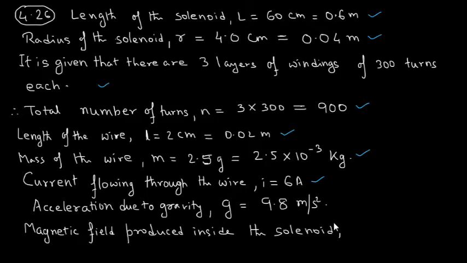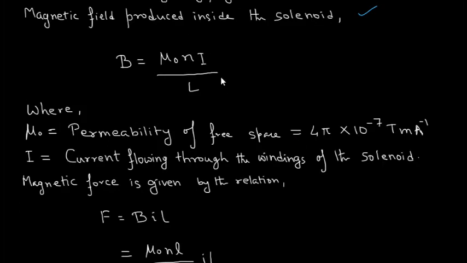Magnetic field produced inside the solenoid can be given by the relation B is equal to mu naught N i upon L, where mu naught, the permeability of free space, is equal to 4 pi multiplied by 10 to the power minus 7 T m A inverse, and i is equal to the current flowing through the windings of the solenoid.